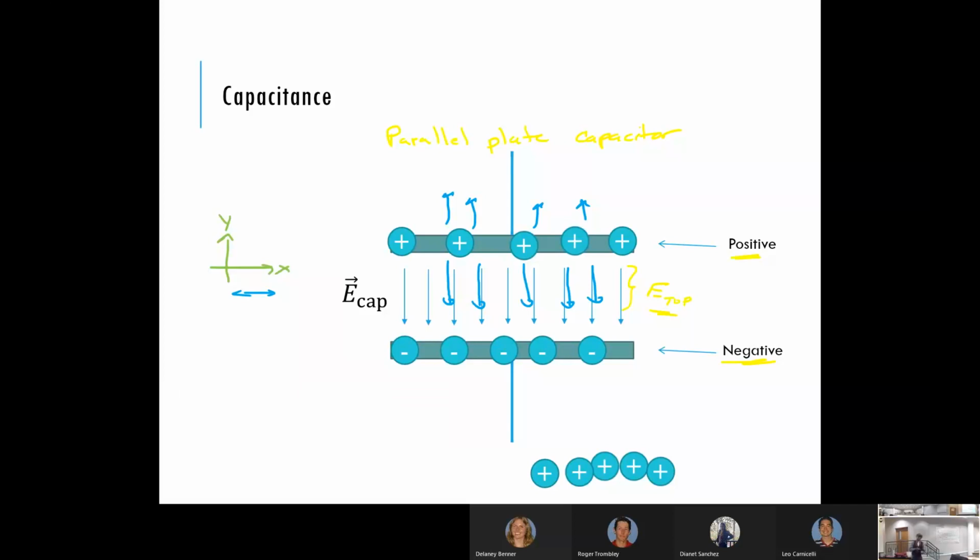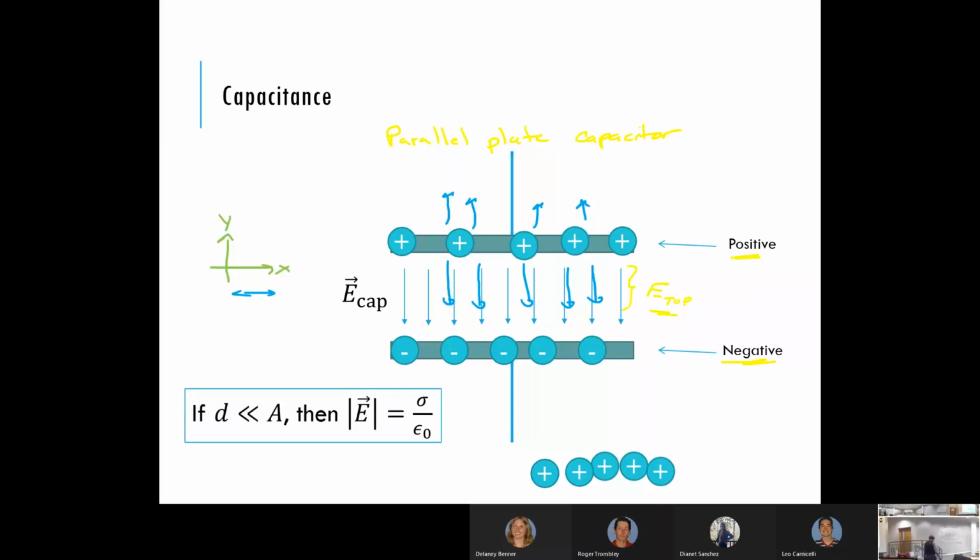So this is the equation I'll give you, without any excess background knowledge. I guess I need to label some stuff here. If D is much less than A, okay? First of all, D is supposed to represent the separation between the two plates, whereas A represents the area of the plates.